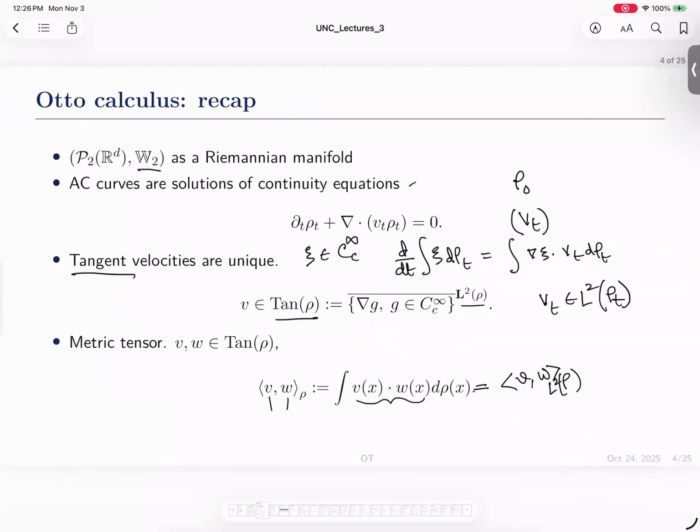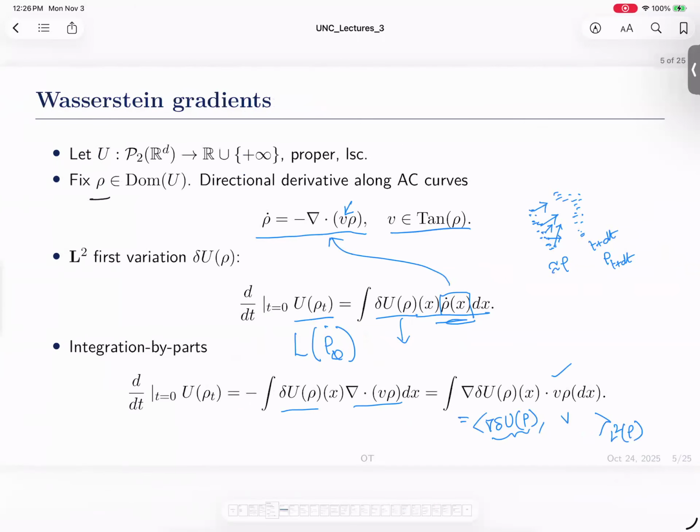Sorry, go ahead. Are you still there? Yeah, I guess it's usually, at least on Wikipedia, if you look up first variation, it takes two functions, right?